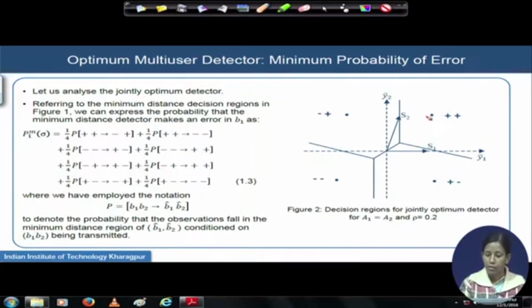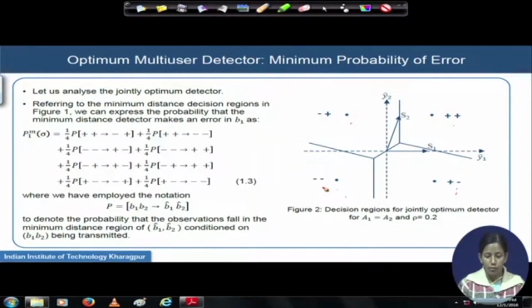So, the signal was transmitted in this coordinate and you detected it as if this signal was transmitted. Another 1/4 is the probability that you transmitted this and detected that, or vice versa. The other two are: you transmitted minus plus and you got here, or equivalently, you transmitted plus minus and you detected that you are here.